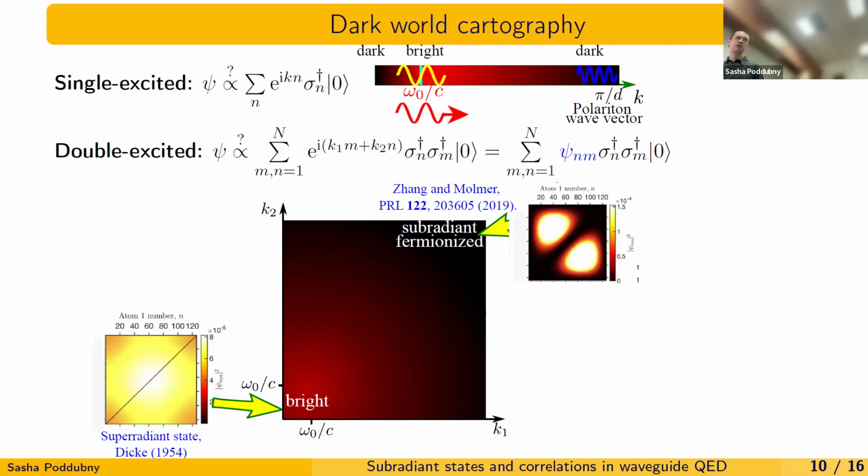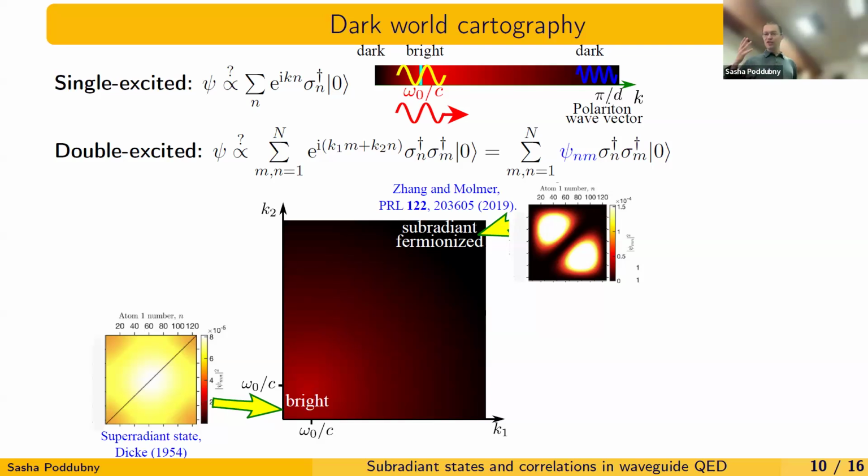What actually happens is that this model can be mapped to the model of interacting hardcore bosons in 1D. And it is known since the 70s that these hardcore bosons exhibit fermionization. Your bosonic excitations, which strongly repel each other, start to behave like fermions, and fermions try to be away from each other. This is exactly what happens. They try to minimize the wave function here.